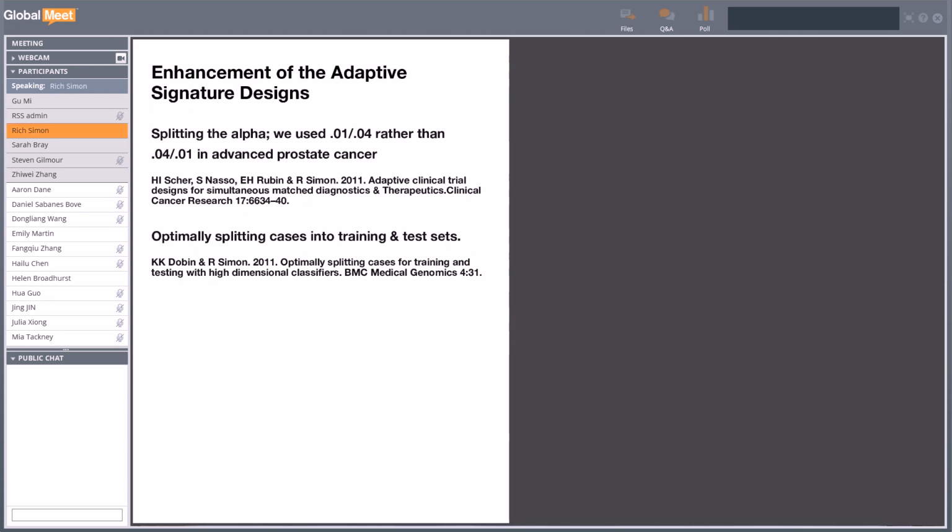For the other paper, which is, I thought, a very nice paper, too, the paper by Gu, I did want to mention something about the splitting of the alpha.